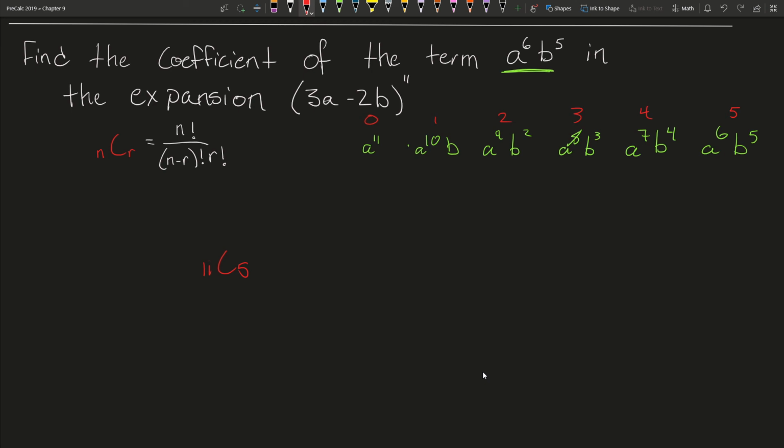But there's still going to be other parts of that coefficient because there are these constants within the parentheses. Right? So our variable term coefficient, if you want to call it that, will be 3a to the 6th and negative 2b, and that should be on the outside. And then negative 2b to the 5th.